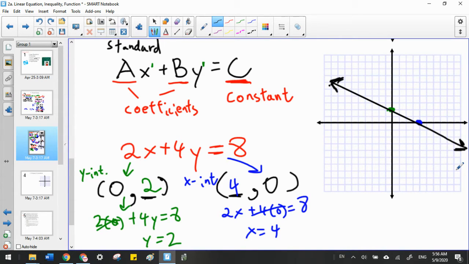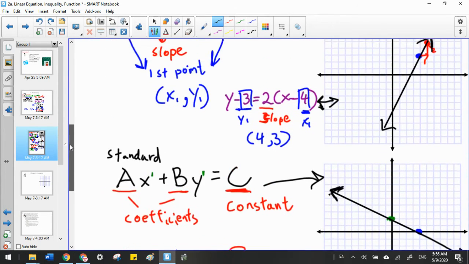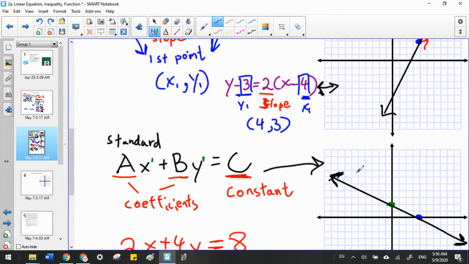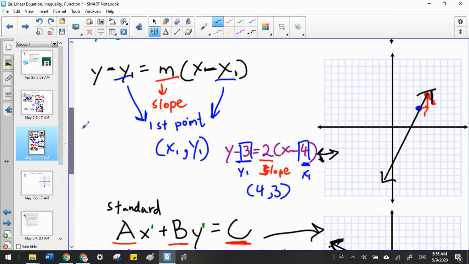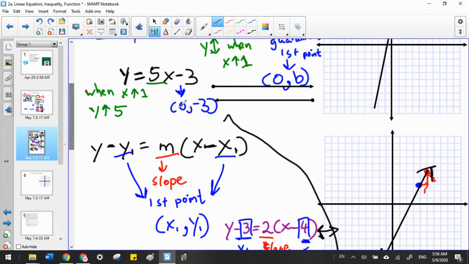Standard form is one of those forms where it makes more sense for you to be comfortable knowing how to go from equation to graph. If you want to go from graph to equation, I would say the easiest way to go about it is to turn this into either point slope form, or better yet, the slope intercept form.